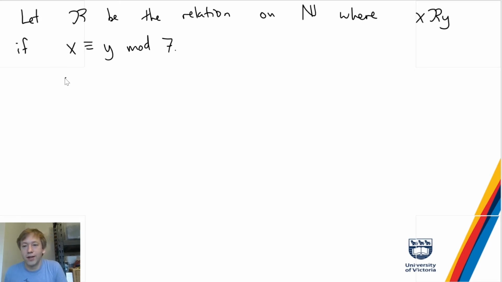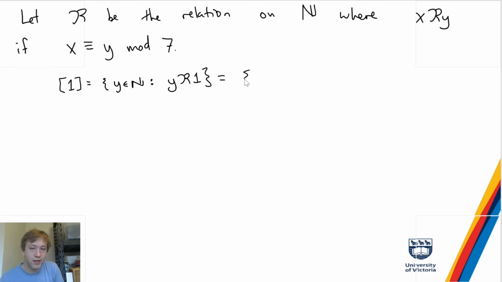Well, if you think about it, if I take the equivalence class of the number 1, we get the set containing 1. Maybe I'll explain it a bit slower. This is all the y in the natural numbers such that y is related by R to the number 1.